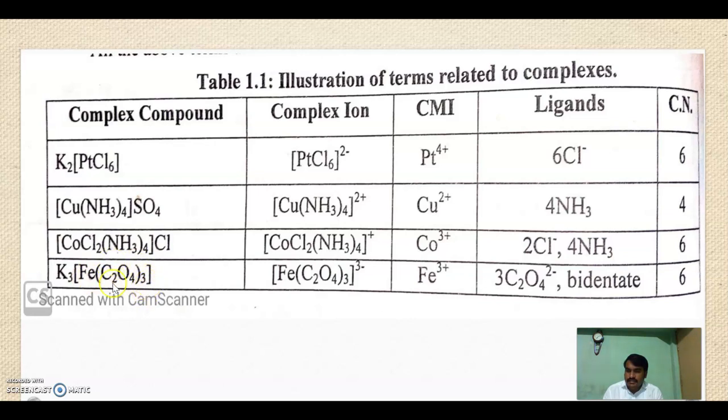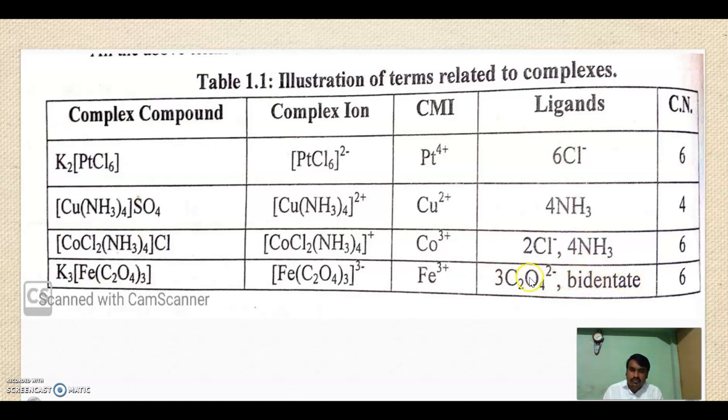Here, K3[Fe(C2O4)3]. This has a bidentate ligand, oxalate. Here the complex ion is [Fe(C2O4)3] 3 minus. The central metal ion is Fe plus 3. The ligand is 3 moles of C2O4 2 minus, that is oxalate, and this ligand is called bidentate.